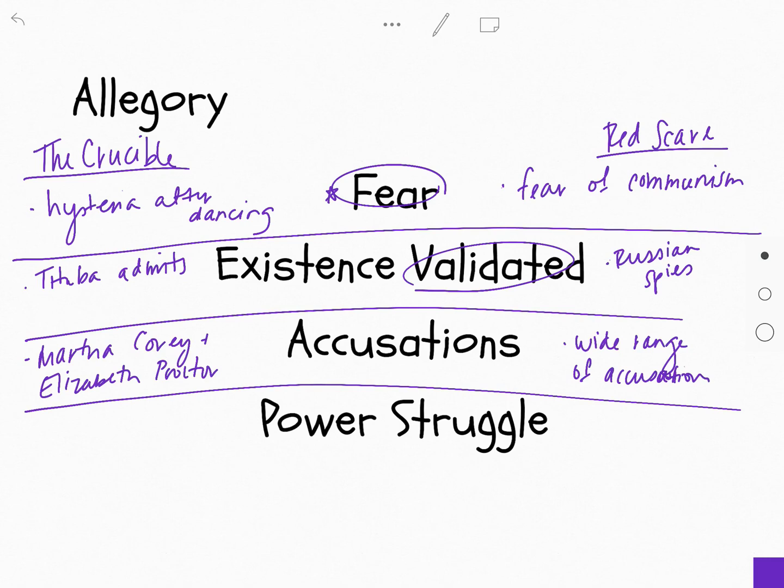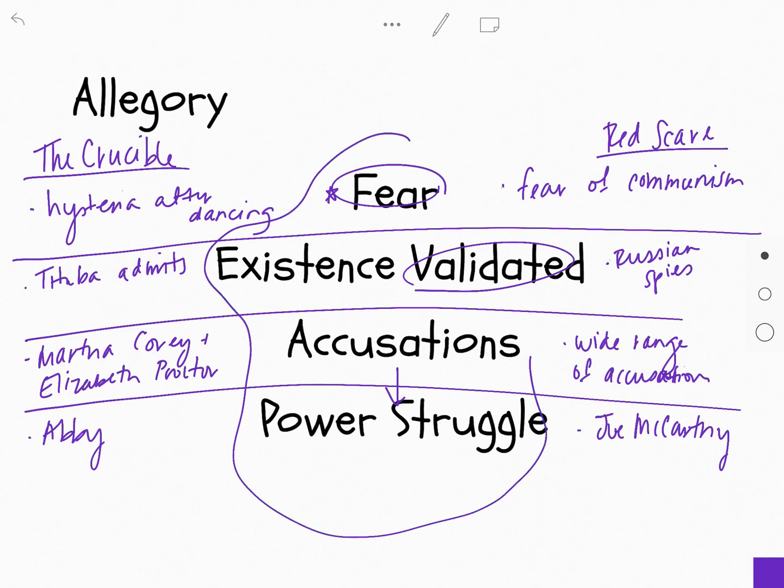They created the blacklists where they started making life even more difficult for those people that they were suspicious of, until ultimately it becomes a power struggle. Think of Abby in The Crucible and how she's trying to use this power she has to get rid of Elizabeth Proctor. The same thing, Joe McCarthy was accused of the same things, trying to eliminate his political enemies by accusing them of communism. So how this relates to allegory is we're following these kind of same steps.